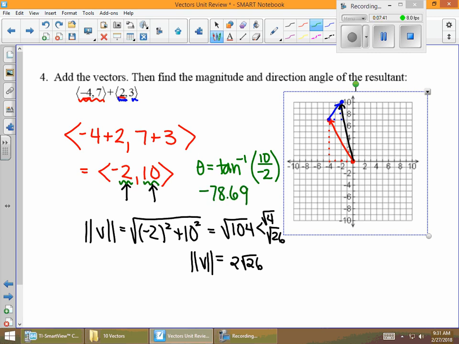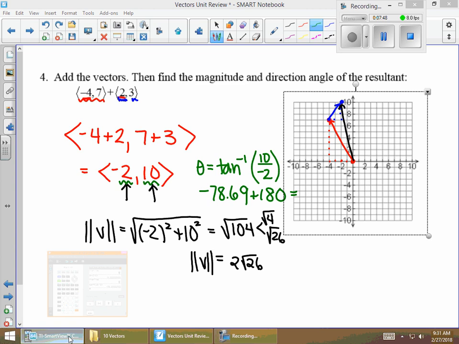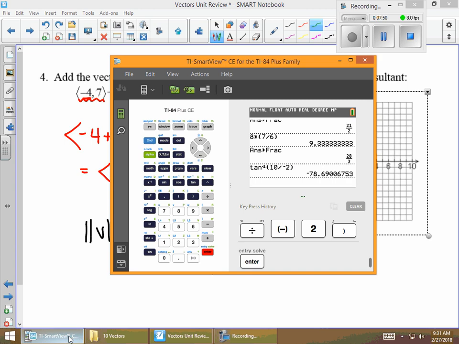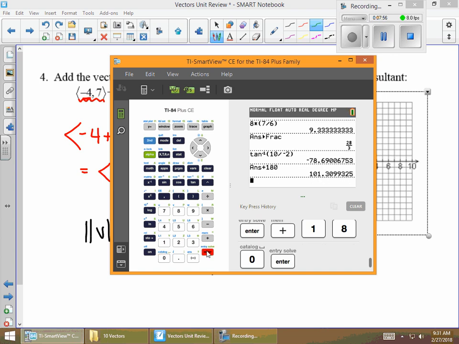And I know that I need to add 180 from my equation sheet. Our equation sheet says that. You also know if you're looking at your quadrants here, you're in the second quadrant. And when we're using arctan, we get values only in quadrants 1 and 4.